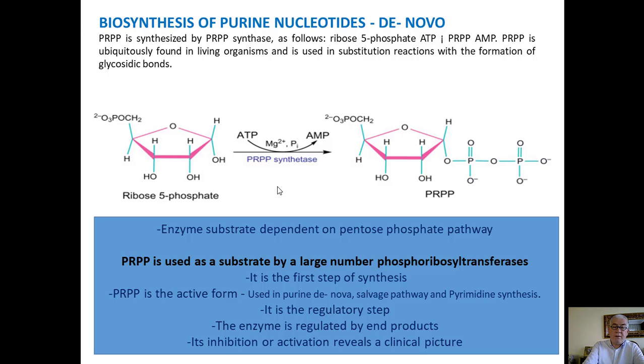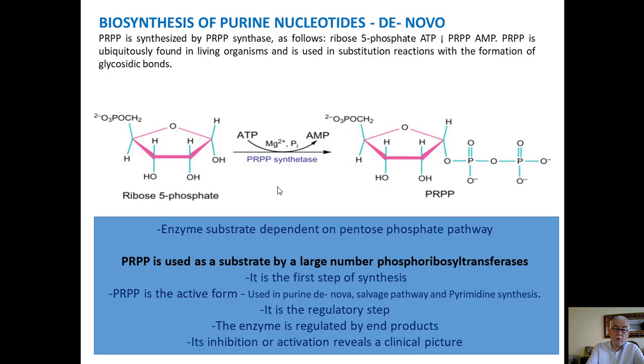PRPP is used as a substrate by a large number of phosphoribosyl transferases, such as hypoxanthine-guanine phosphoribosyl transferase and adenine phosphoribosyl transferase. It is the first step of synthesis.